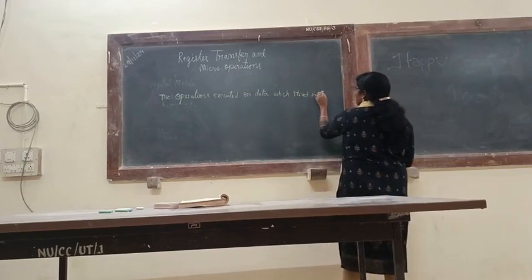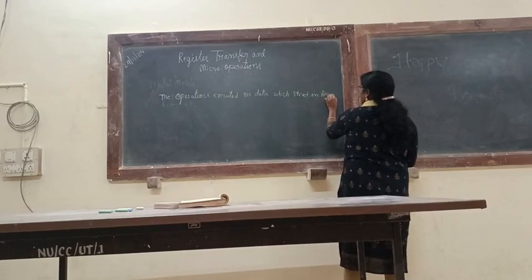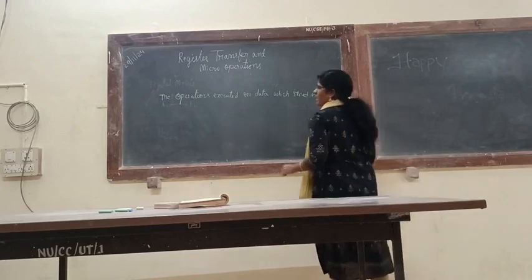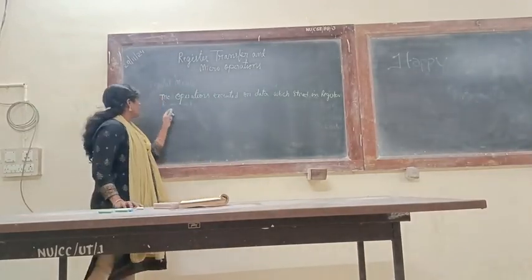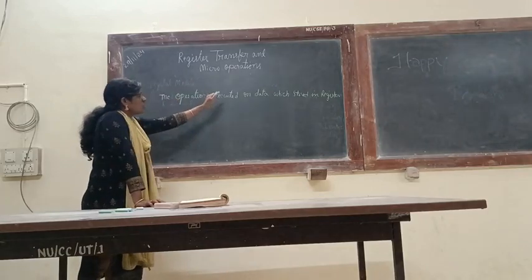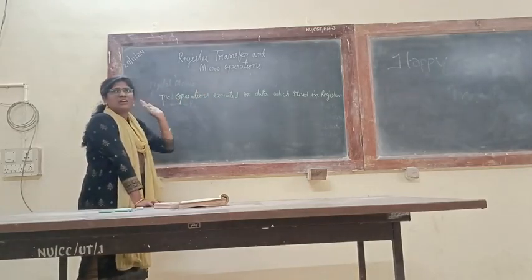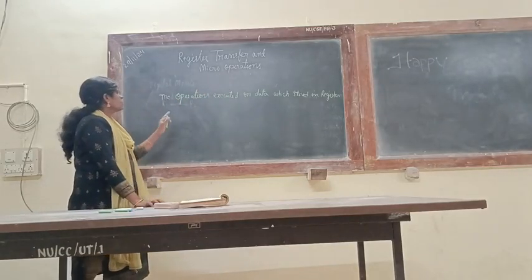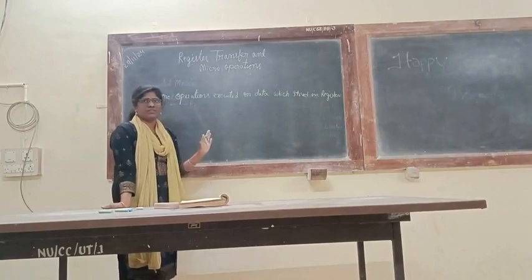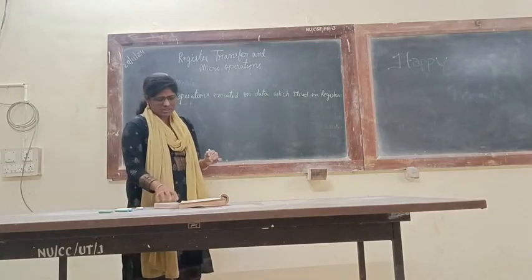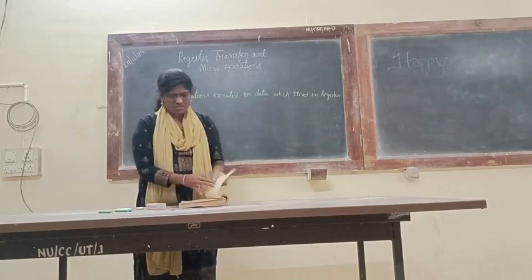In the previous class, we discussed that data is stored in memory as well as in the registers. So the operations executed on data which are stored in the registers are called micro operations.